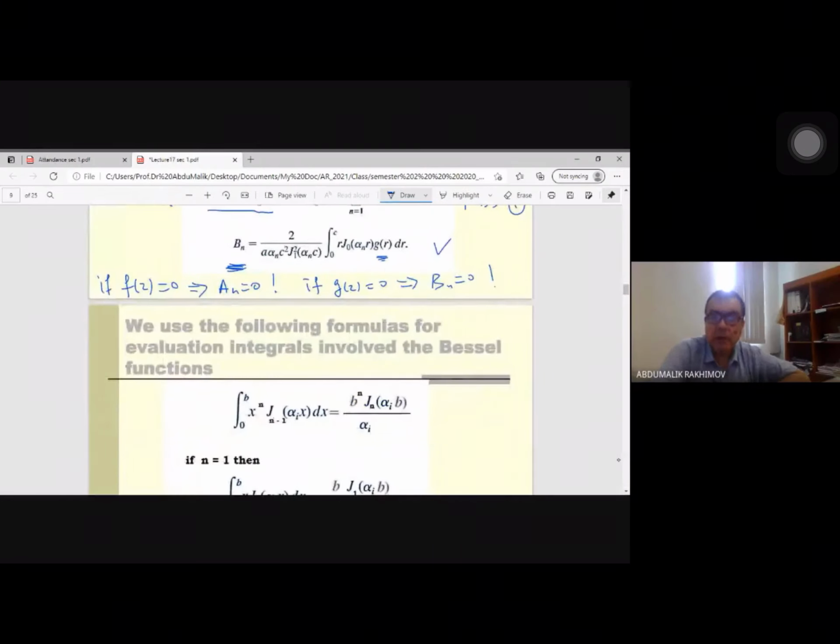In order to evaluate this integral, I just remind you, I bring the slide. We use this formula for evaluation of integrals because we will do some exercises now. Any questions? This is some theoretical part. And I want to proceed with you with 3 exercises, not difficult. But in the evaluation of coefficients, the integrals involve the Bessel function.